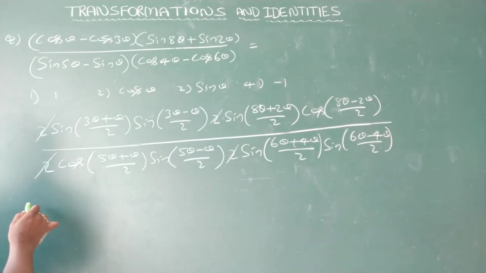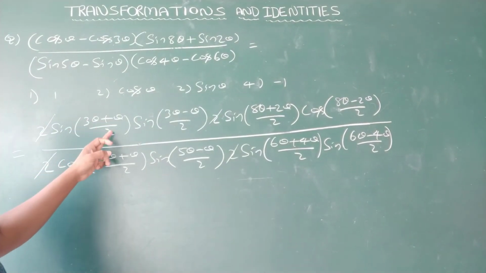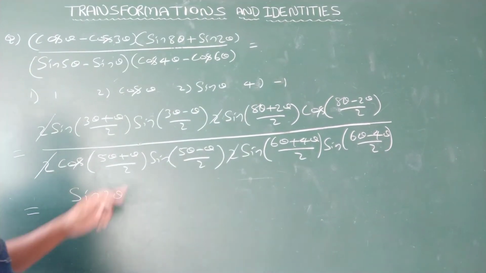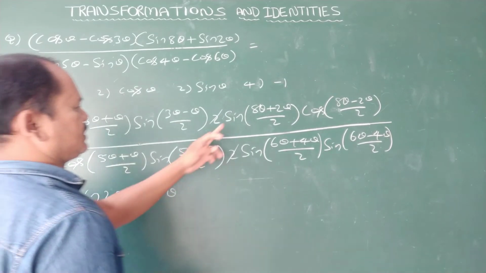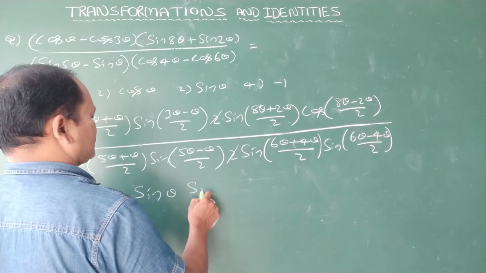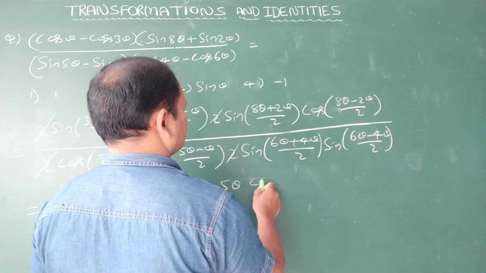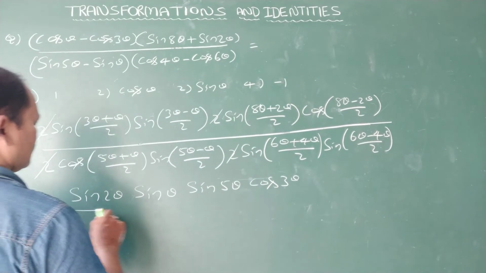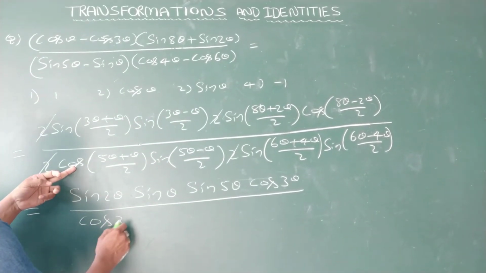Now this is sine 3 theta plus theta, 4 theta by 2 is sine 2 theta. Here it is sine theta. Here it is sine 5 theta. Here this is cos 3 theta, since 6 theta by 2, in the denominator it is cos 3 theta.